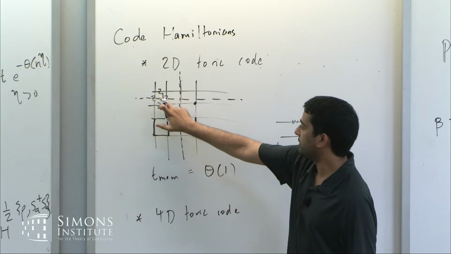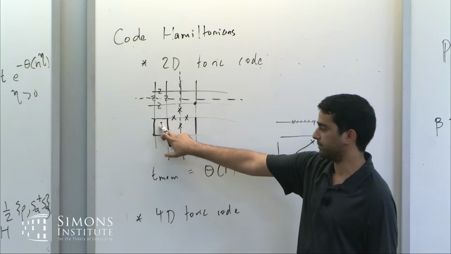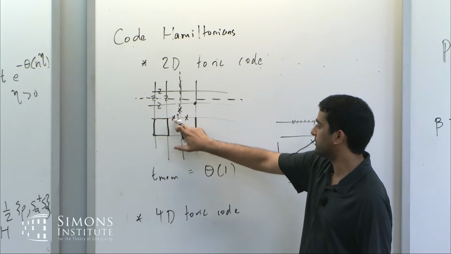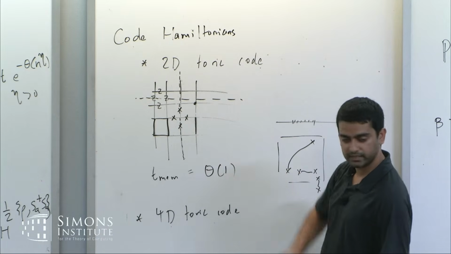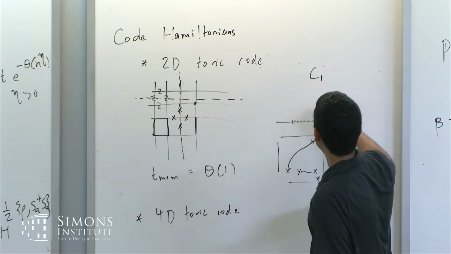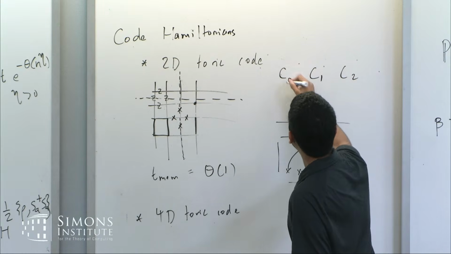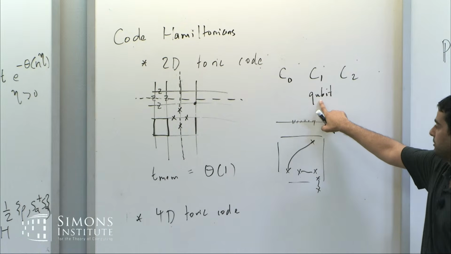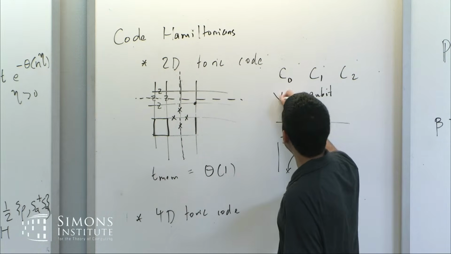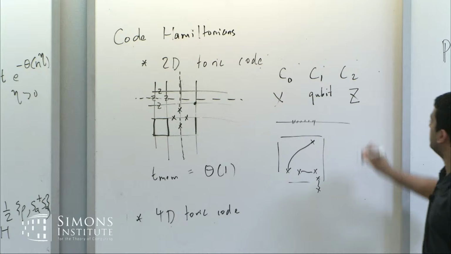And each 2 cell is associated with a stabilizer, a Z stabilizer. Each 0 cell is associated with an X stabilizer, and each 1 cell is associated with a qubit. So I can make the identification. A 1 cell is a qubit, a 0 cell is an X stabilizer, and a 2 cell is a Z stabilizer.